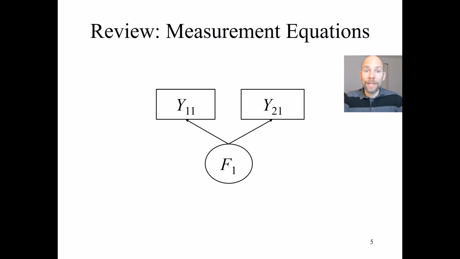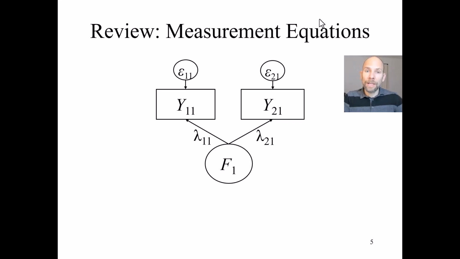And we have two indicators, y11 and y21. y11 was the number of sick days, and y21 was a variable that reflected the number of physician visits. We have factor loadings, lambda 11 and lambda 21, that connect the observed variables to the latent factor. And we have two error variables, epsilon 11 and epsilon 21.